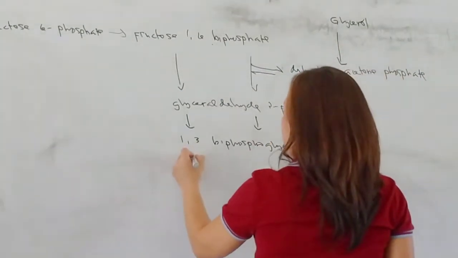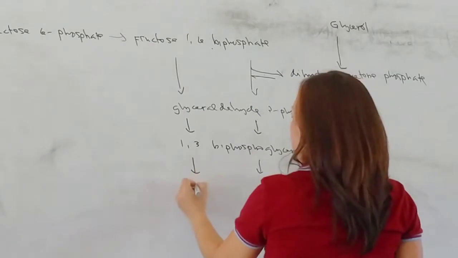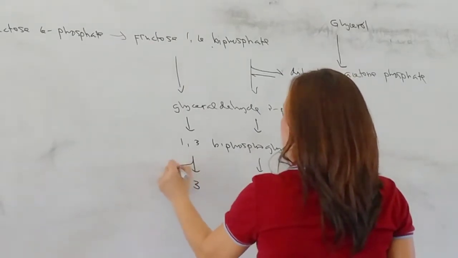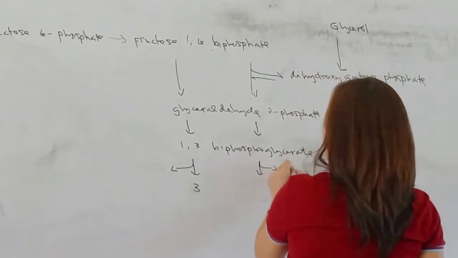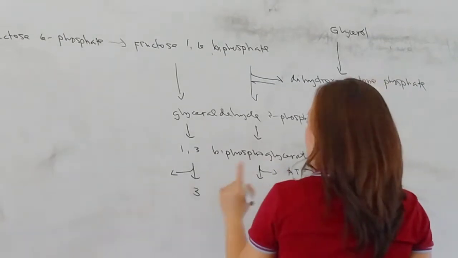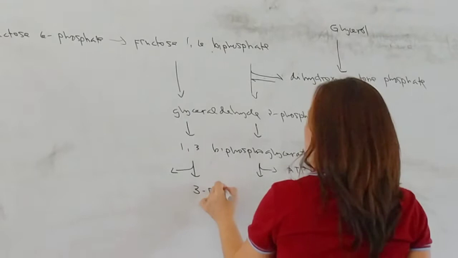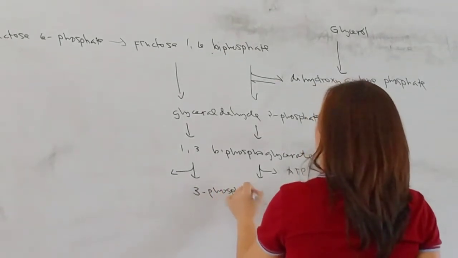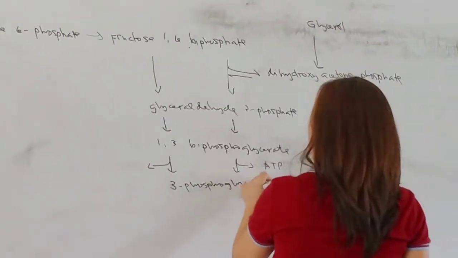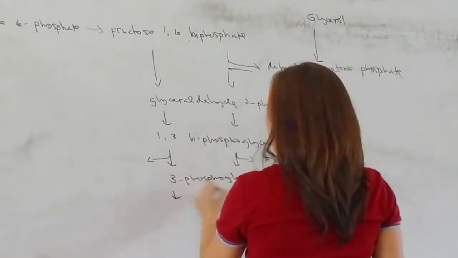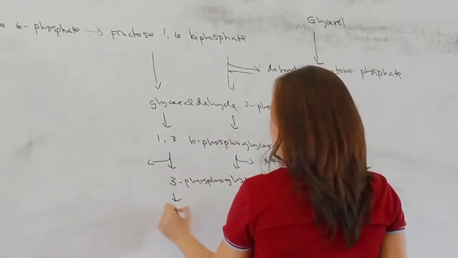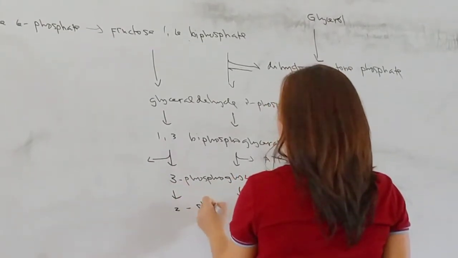Then you have ATP here. There's another ATP here. Then 3-phosphoglycerate. You have 2-phosphoglycerate, isomerization.